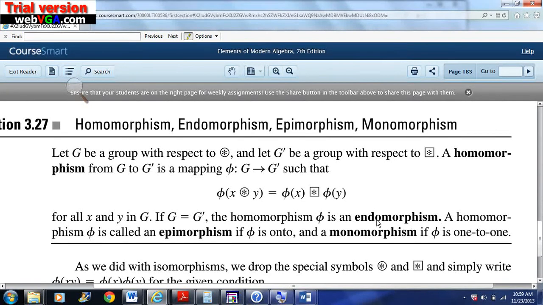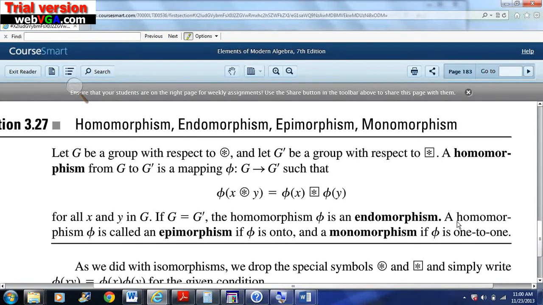So an endomorphism is a special type of homomorphism. If the two groups are equal, if they have the same elements, then not only do we have a homomorphism, but we also have an endomorphism. Phi would be an endomorphism.